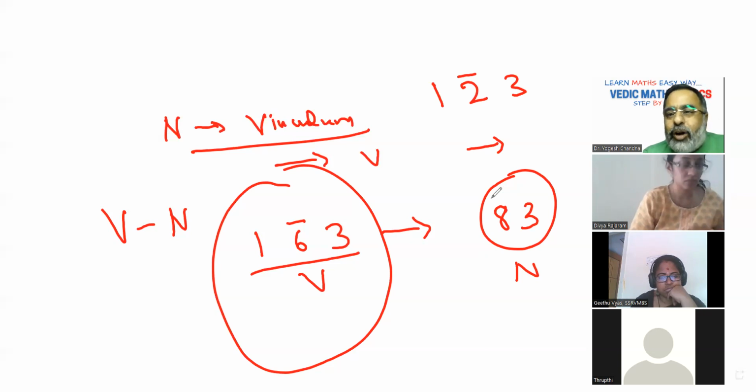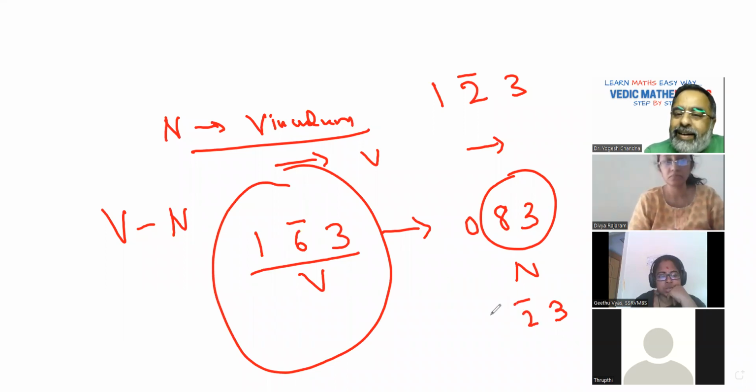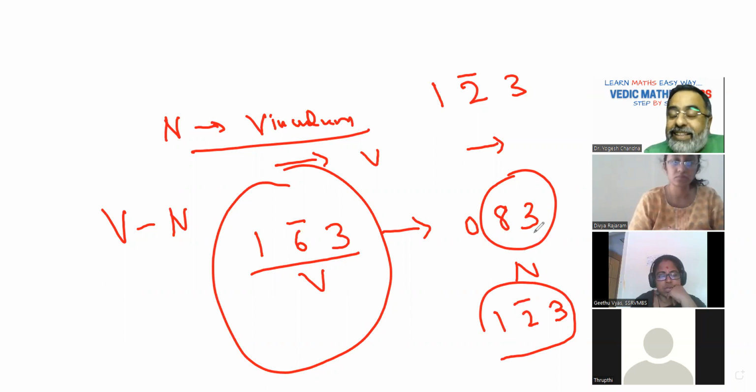I have to convert it to vinculum. It will also give me the same, because first I'll apply rule number 3. 3 as it is, 6 is more than 5, so 2 bar, add 1, 1, 2, 3 bar. See, now in this case, normal to vinculum is the same, and vinculum to normal is the same.